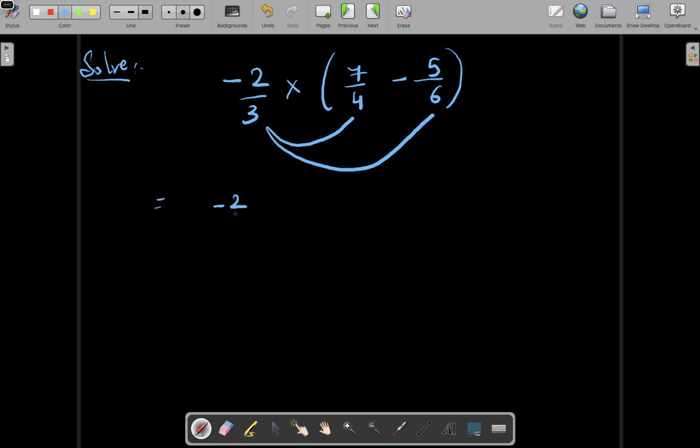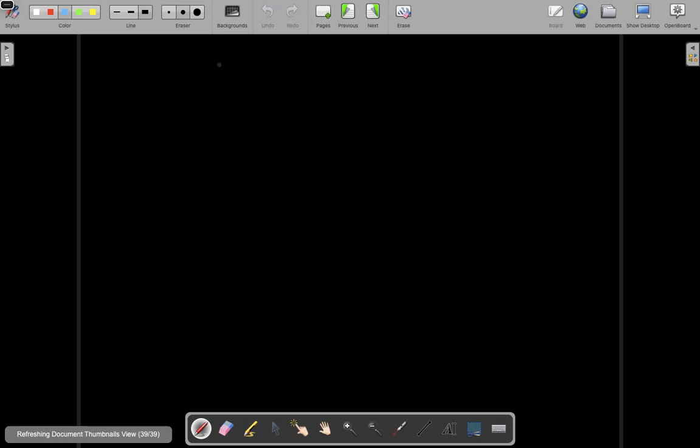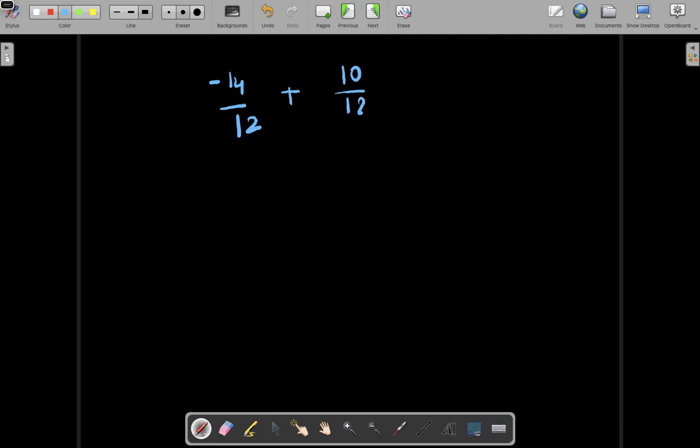So minus 2 over 3 times 7 over 4 minus of minus 2 over 3 times 5 over 6, which will be minus 14 over 12 minus of minus 10 over 18, which will be equal to, take the LCM for both, which is minus 14 over 12 plus 10 over 18.